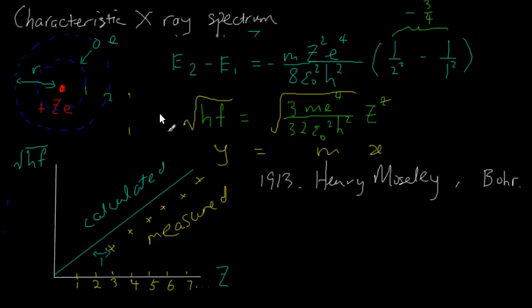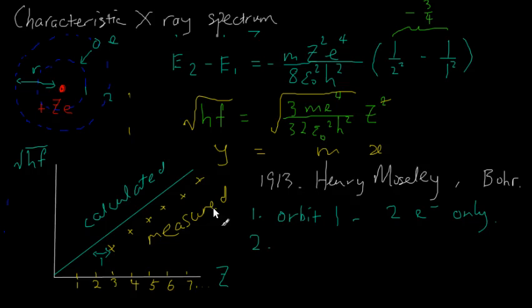So the idea that Moseley and Bohr came up with in order to explain this consists of a few points. The first point was that the lowest orbit, this n equals 1 orbit, just call it orbit 1, can only have 2 electrons at most.